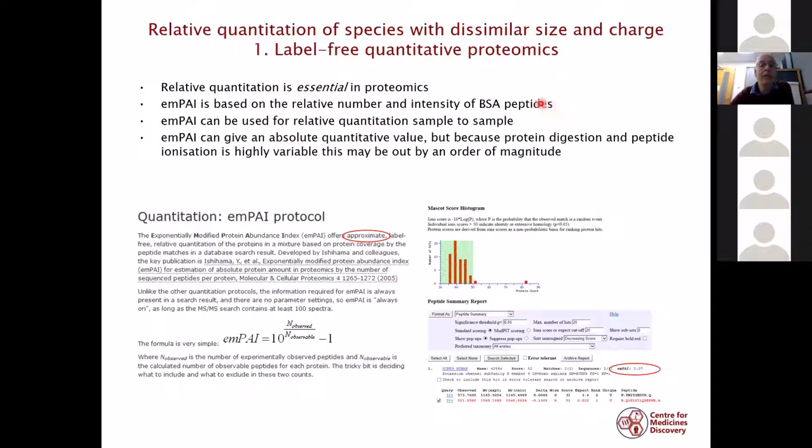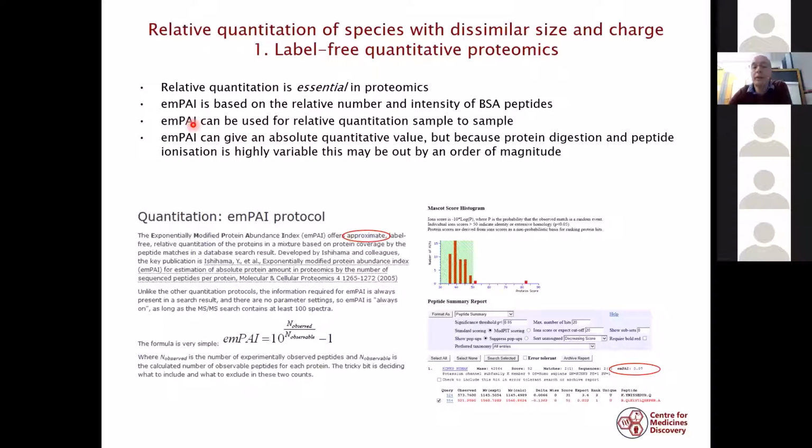What it allows you to do is relatively quantify your sample relative to these BSA standards. So it can give you an absolute quantitative value, and you can compare samples from one experiment to the other.